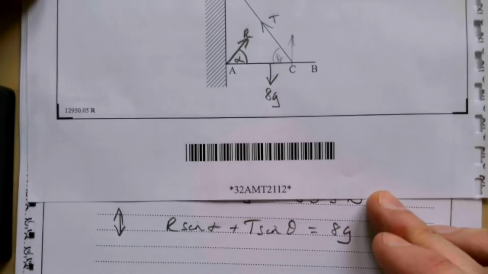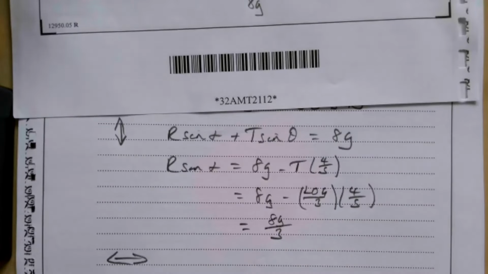Then we have everything going left equals everything going right. Can we see that the 8g is going to have no effect? Resolving my R in this direction, that's going to cross the alpha, so R cos alpha equals T cos theta. Sorry, I hope I said the right thing.